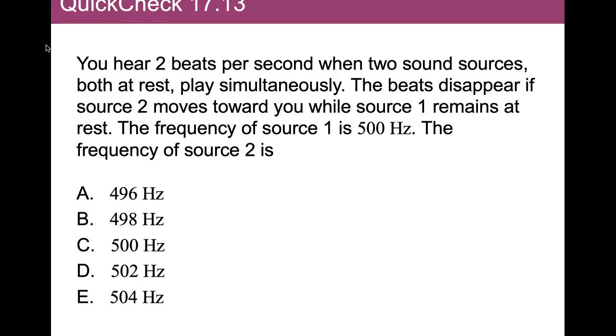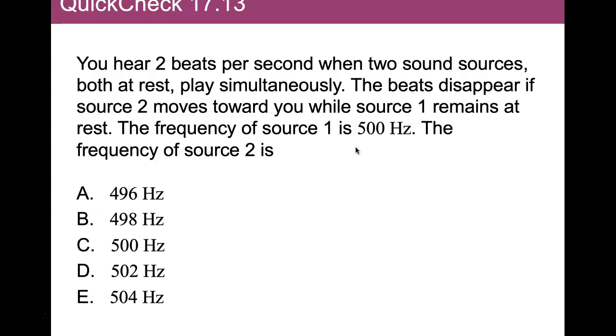Okay, so that's an interesting question, right? When they're both next to each other, they play simultaneously, we hear 2 beats per second. So the beat frequency is 2 Hertz. And then we know source 1 has a frequency of 500 Hertz. So source 2 is either 502 or 498.